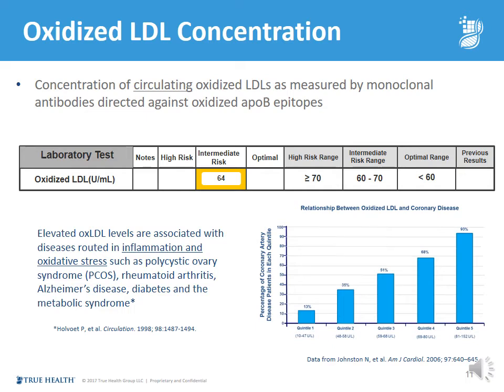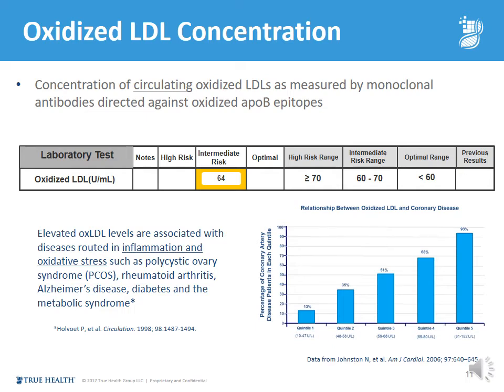Oxidized LDL is seen in any oxidative state, and some of the more common ones are polycystic ovarian syndrome, other insulin-resistant syndromes such as diabetes and the metabolic syndrome, but also other inflammatory diseases such as Alzheimer's disease, rheumatoid arthritis, or other autoimmune diseases, and of course, atherogenesis.